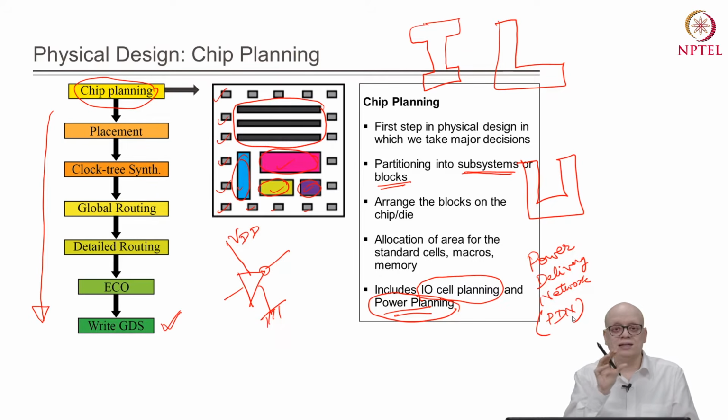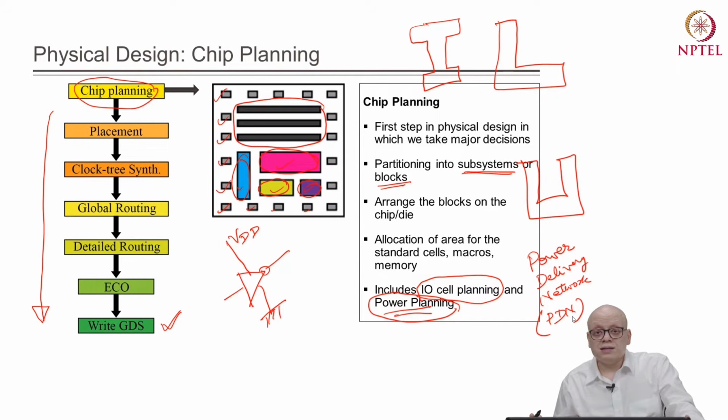That is what is known as congestion. Congestion means basically that in a given region, lots of nets are running close together, and that can lead to timing problems and routability problems. If it is highly congested, then the subsequent design steps like routing may fail altogether.